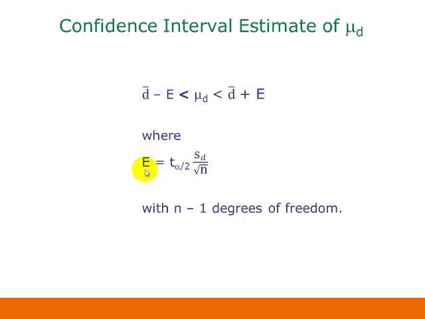And the margin of error here, again, this looks very much like the margin of error formula we had for one sample confidence interval for a mean. So we have t alpha over 2 times the sample standard deviation of the differences divided by the square root of n. And again, we have n minus 1 degrees of freedom.